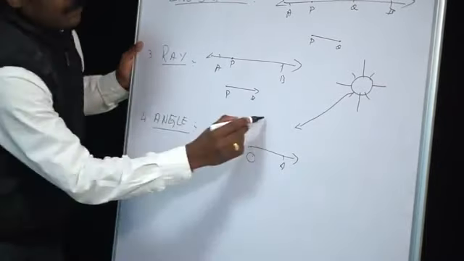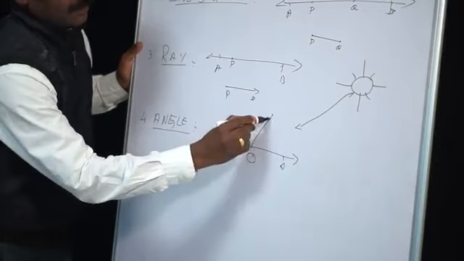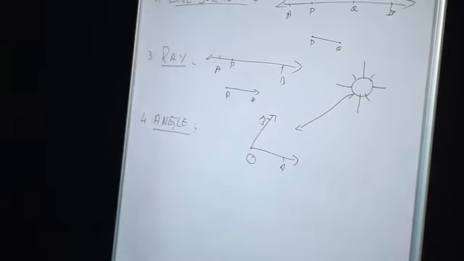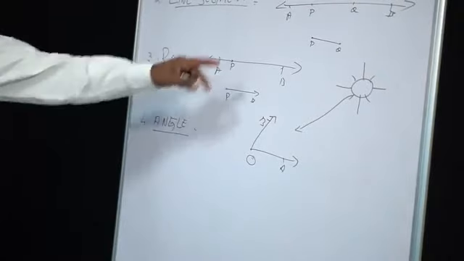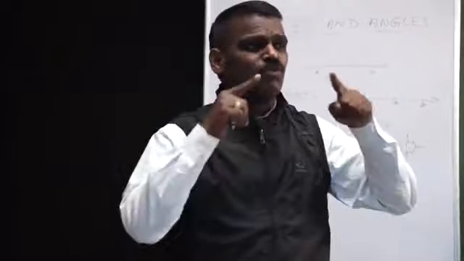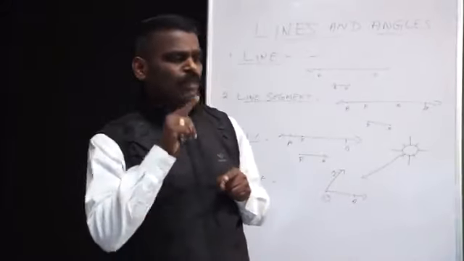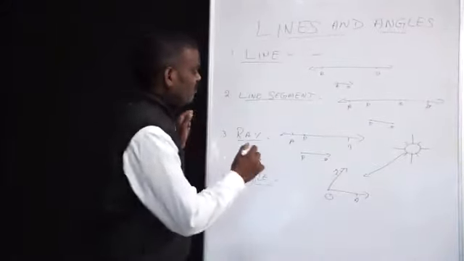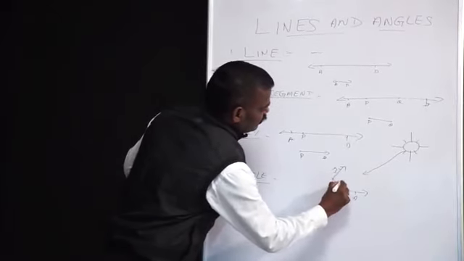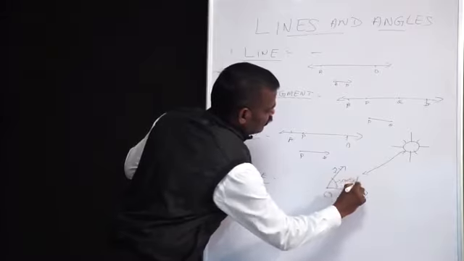Another ray OB, starting at O, where it is going to end, we do not know. When the starting points of two rays come together at one particular point, they form an angle. This is called angle.